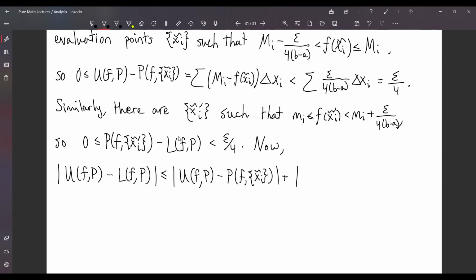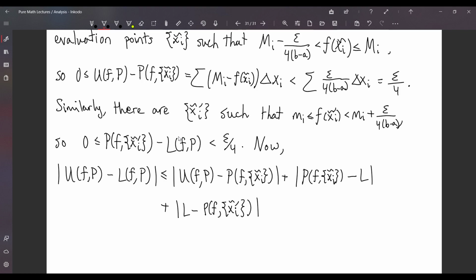And then we get the Riemann sum with respect to these same evaluation points minus the value of the Riemann integral. So here, this term is actually independent of the evaluation points that we've chosen. Right? This is going to be less than epsilon over 4, and that's because of the definition of the Riemann integral. The next term is that we're going to do L minus the Riemann sum with respect to the other evaluation points, right?